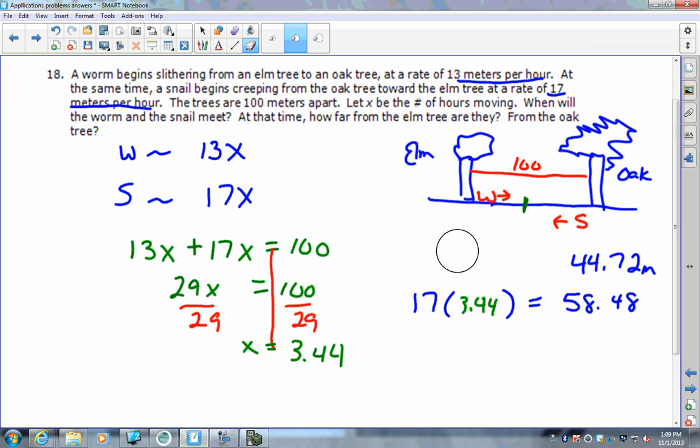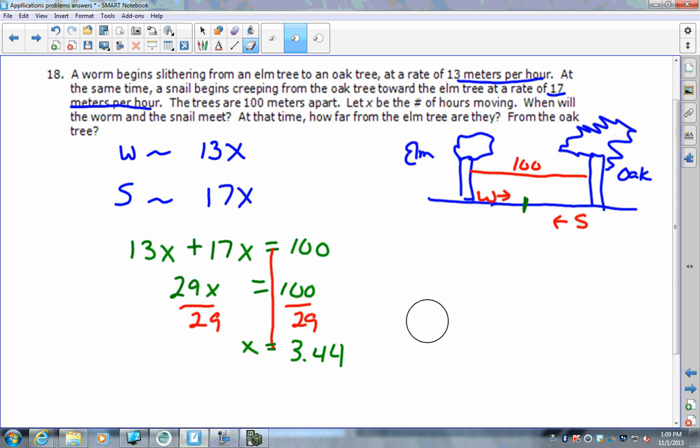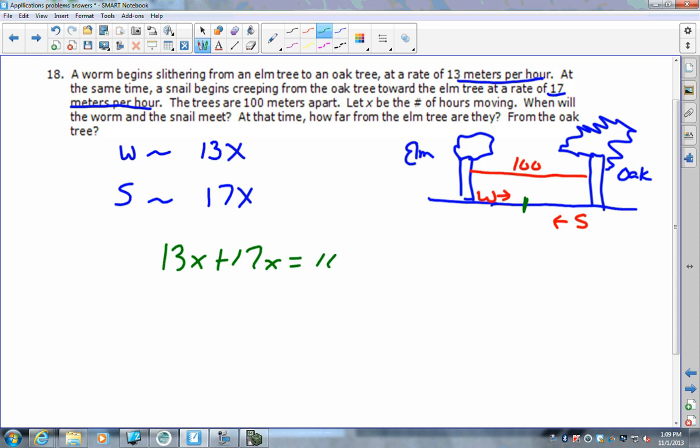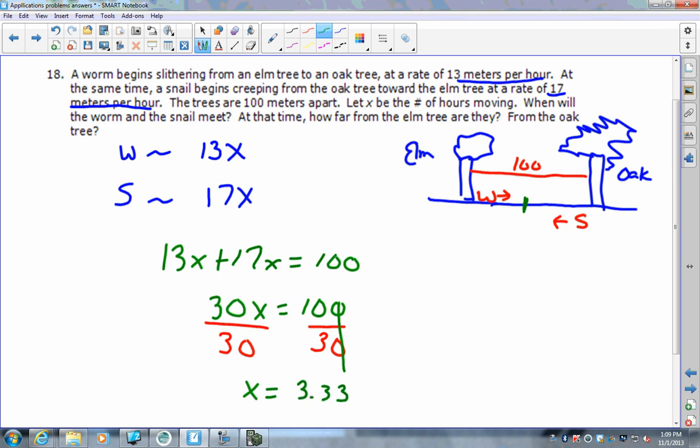All right, so let's go back. I'm telling you, it's one of those days after Halloween trying to put everything together. We did have 13x plus 17x equals 100. So actually 17 and 13, that should be 30x equals 100. Does that make it nicer? I think it'll still be a decimal though. 3.333 repeating, is that right?